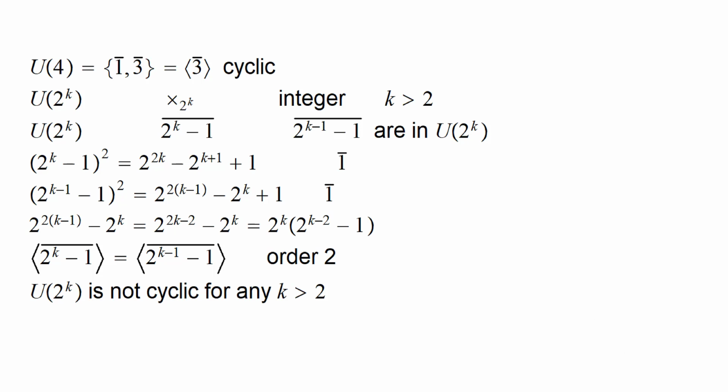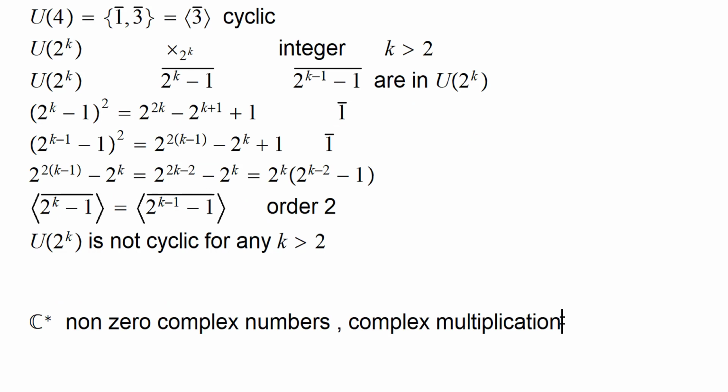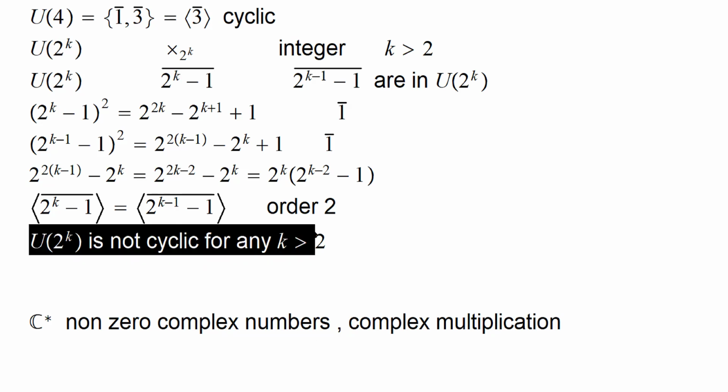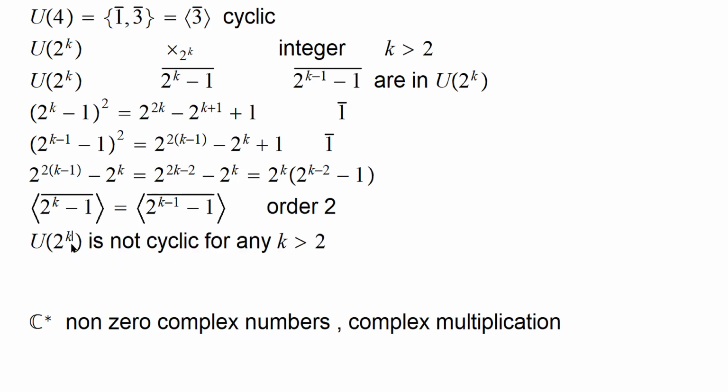Okay, so now let's just take up the non-zero complex numbers with complex multiplication. And before that, we shall see later that that unitary group may not be cyclic for integers other than this form as well. So whatever we showed here is restricted to these kinds of numbers.